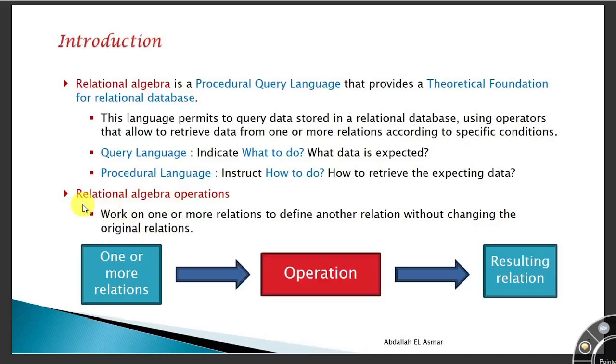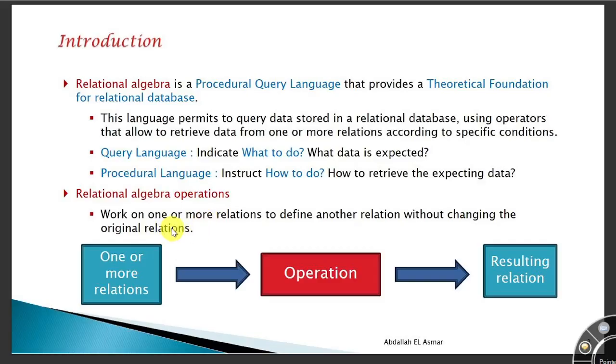However, relational algebra operations, what does this phrase mean? Basically, relational algebra works on one or more relations. You should always keep in mind that a relation is a table or many tables. So it works on one or more relations to define another relation without changing the original relations.